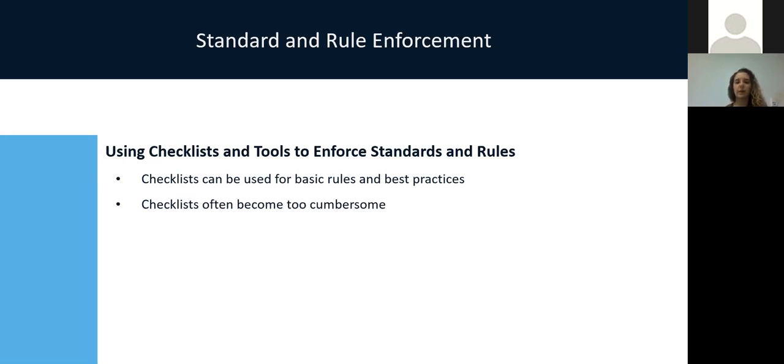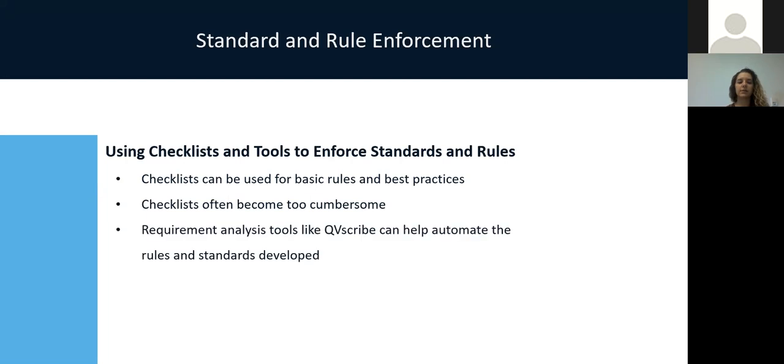Think of INCOSE. INCOSE has 41 rules. Are you going to check off every single INCOSE rule every time you write a requirement? Probably not. They're probably going to be somewhere in your head, and you're hoping that when you write a requirement it complies to all of these, but you're not going to go and check every single INCOSE rule off. This is why checklists become too cumbersome, because it often ends up that a standard starts small and grows with time. So this is where tools come in.